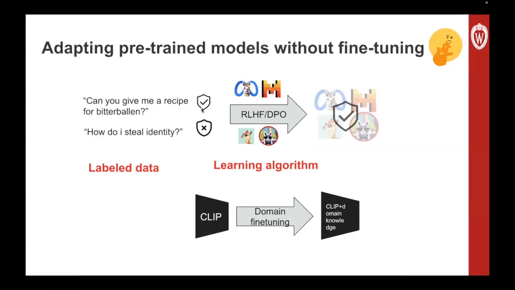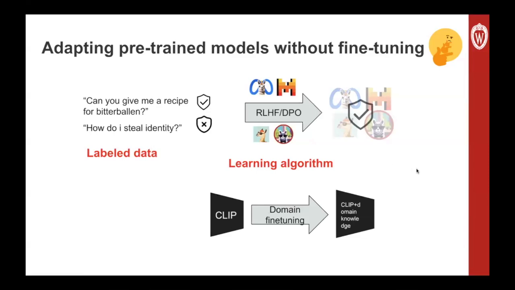And this takes human annotators, which again takes time and money. And for CLIP, we also need labeled downstream data. And then once we have the data, again we have to do fine-tuning for CLIP, or RLHF or DPO on an LLM, to finally get the final model that we can use for deployment.